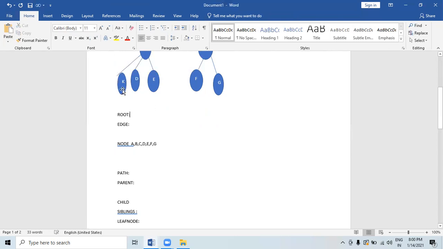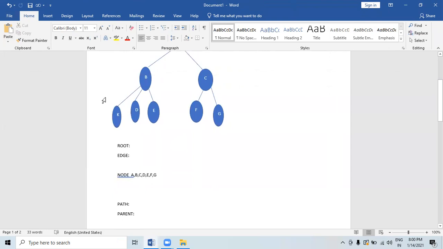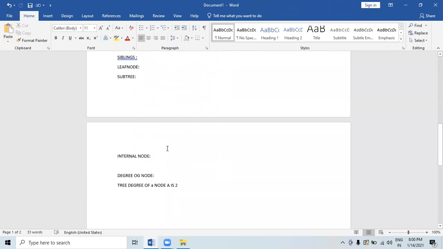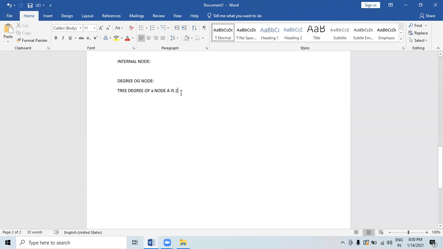Now degree of node means the number of children under a parent, this is called the degree of node. So A having 3 children, so it's called degree 3 of A.